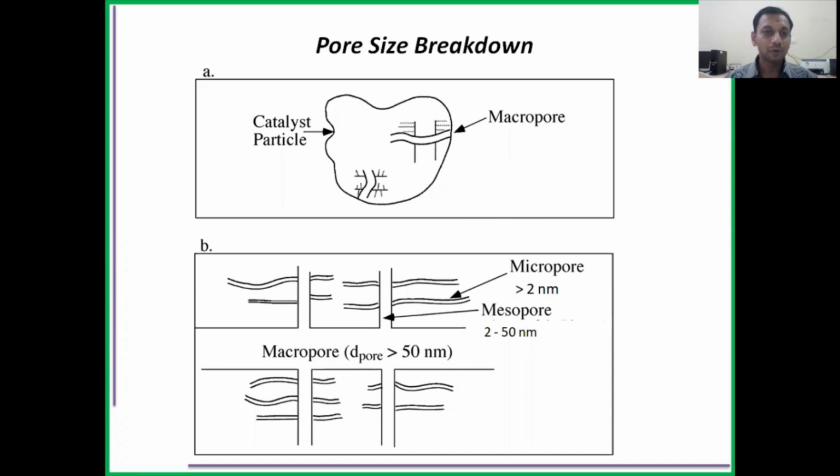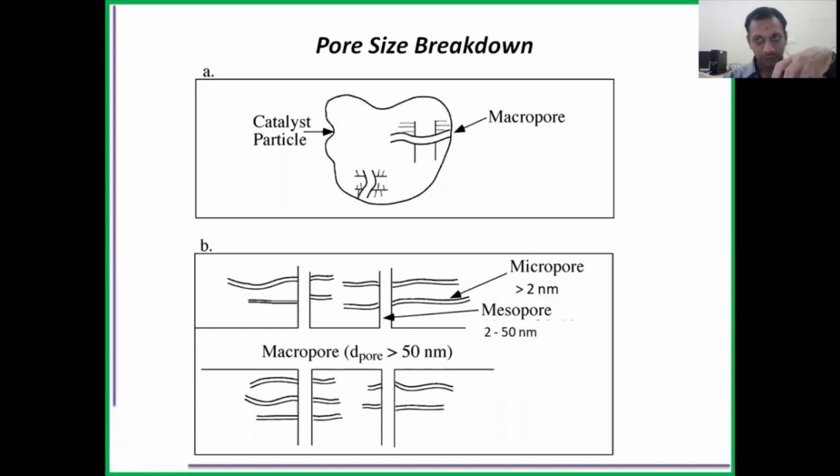If your pores are from 2 nanometer to 50 nanometer in diameter, these are mesopores. And pores more than 50 nanometer in diameter are considered macropores. So you can see here macropores are more than 50 nanometer diameter, mesopores are 2 to 50 nanometer, and less than 2 nanometer diameter is micropore. So this is a very important concept.